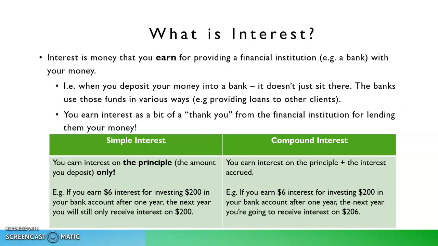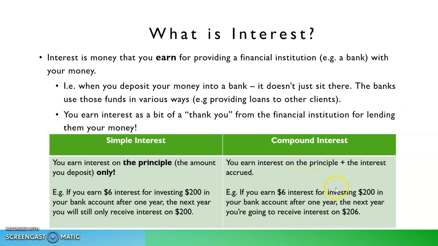I'm not going to go through this again, but I just want to draw your attention back to simple versus compound interest. Simple interest, you're only earning interest on the principal, so the amount you deposit, okay? Compound interest, you're going to earn interest on that principal, so the amount you deposit, plus the interest you've earned, okay?